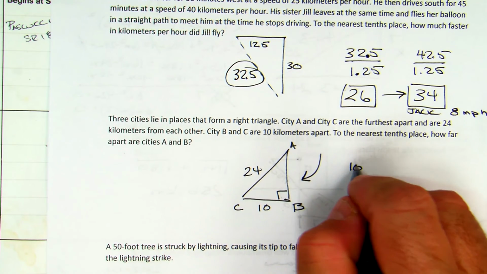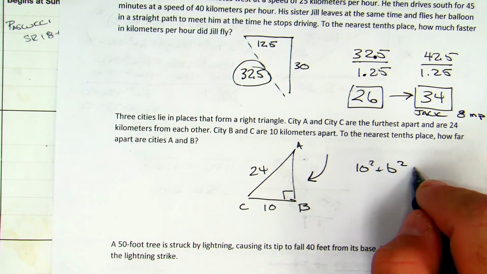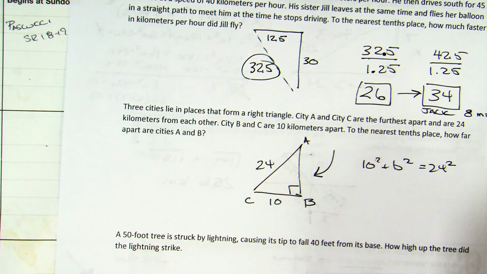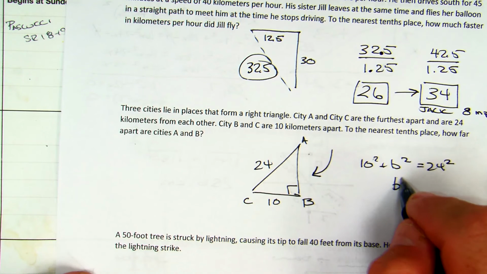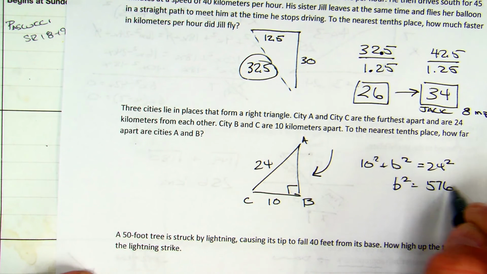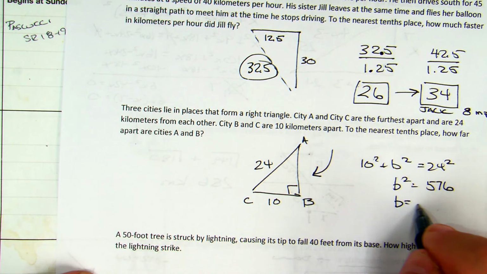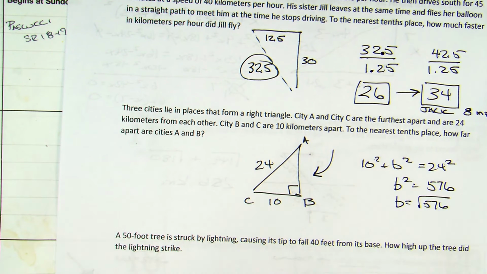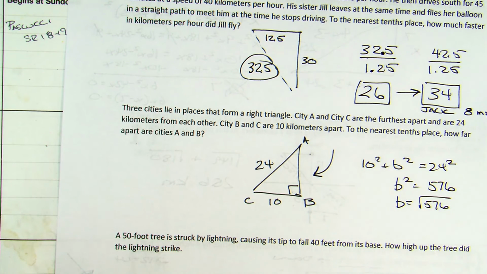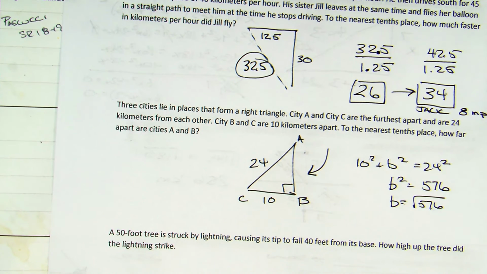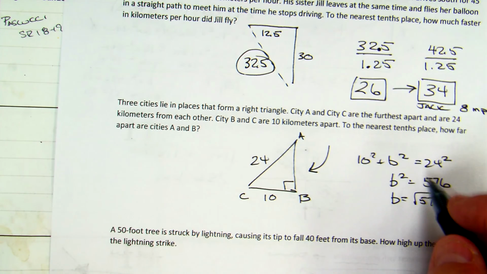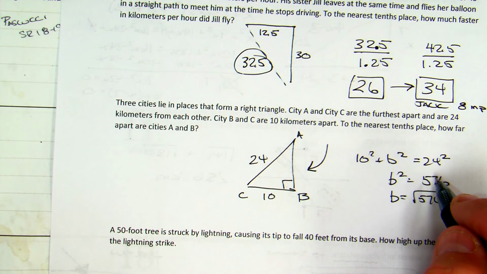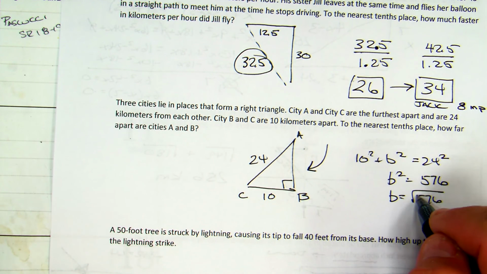So I'm going to do 10 squared plus B squared equals 24 squared. B squared equals 576 when we're done working with that. B is the square root of 576. I get 20, no. 10 squared plus B squared, this should be square root of 476.